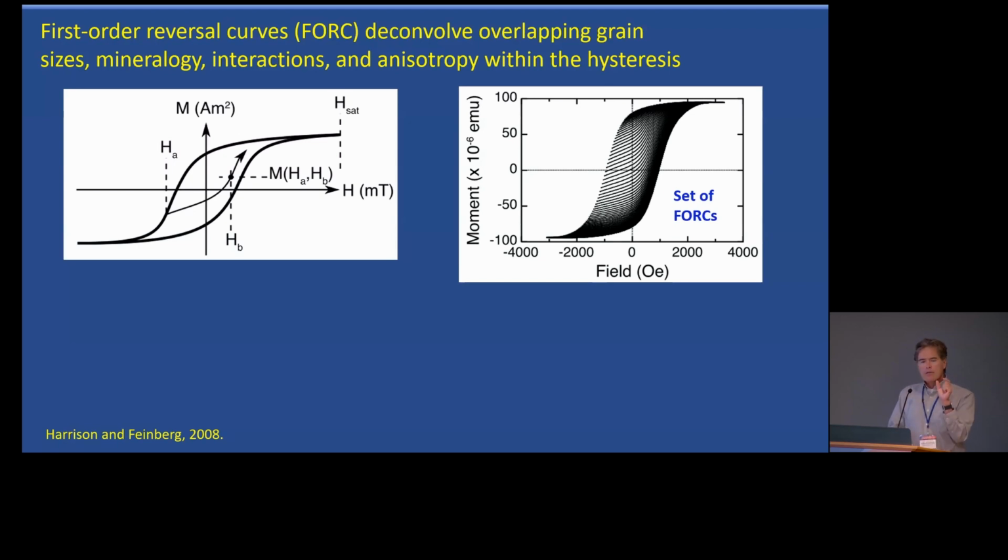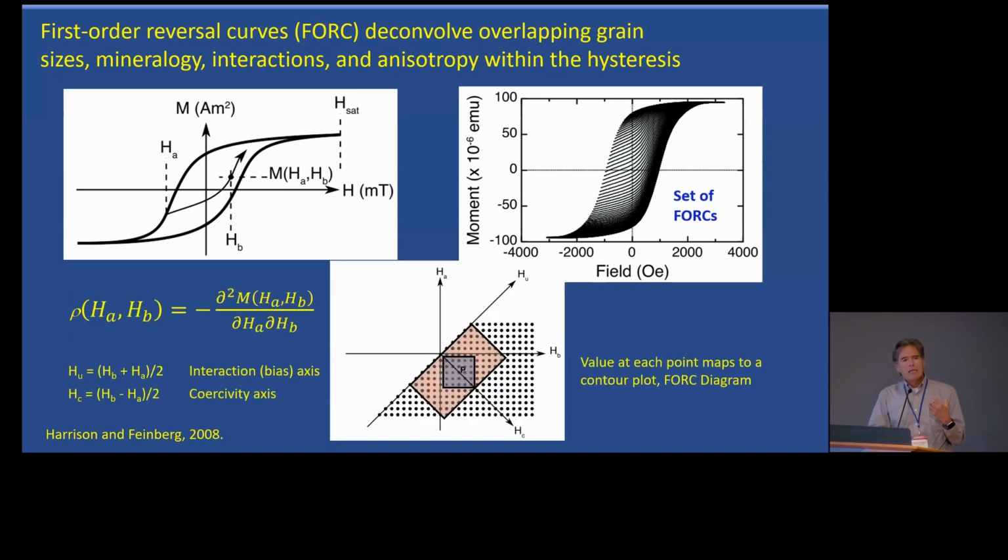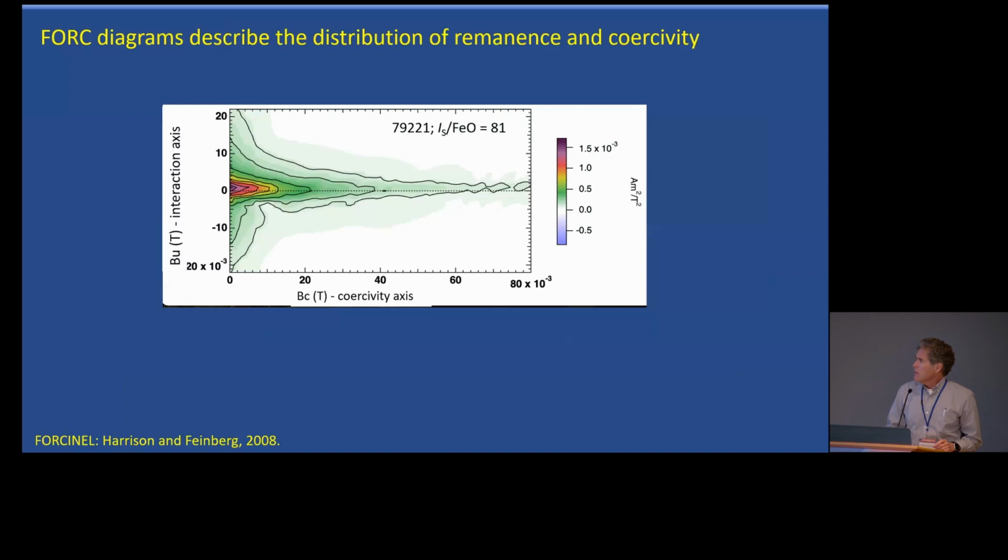The idea here is we're going to fill in all of that space with various reversal curves, measuring the hysteresis back to the origin of saturation. It turns out that this provides a lot of information, even for the very narrow hysteresis of the Apollo soils. Down here, we're just showing that each particular point that we're measuring maps to a contour plot, and we'll go over that next.